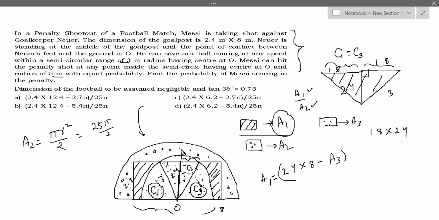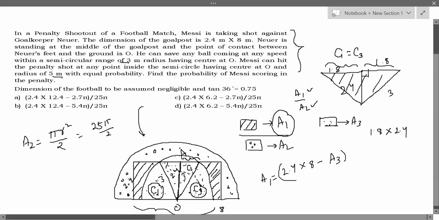Now here you will have to find out the value of C1 and C3. If that is done, we have solved the entire problem. So we have found the value of C2. We know that C1 and C3 are equal. So we'll just have to find out the value of C1.